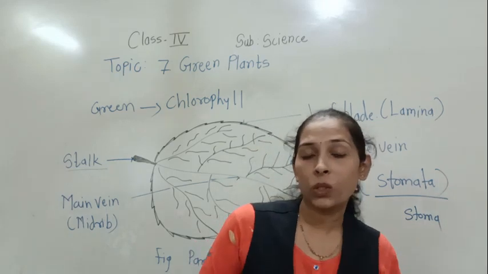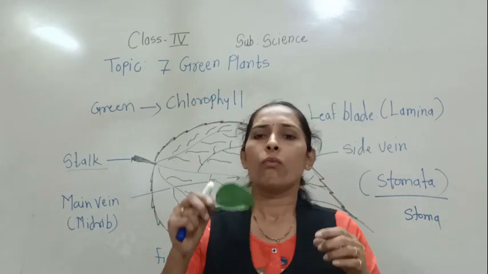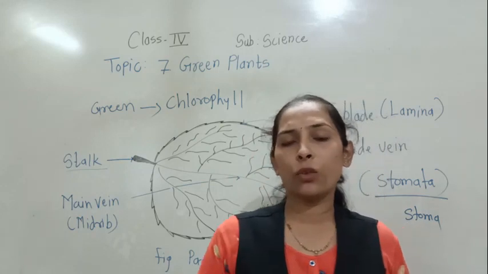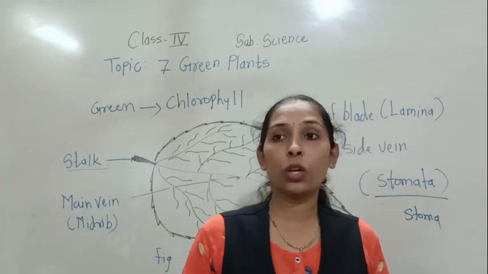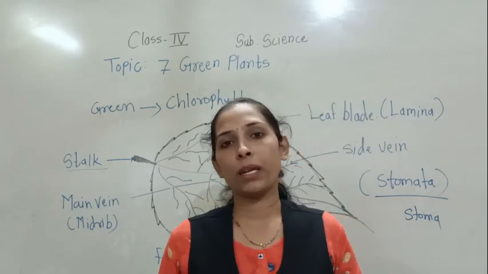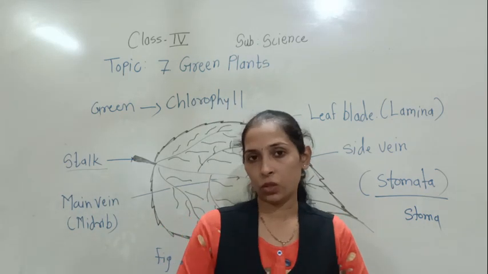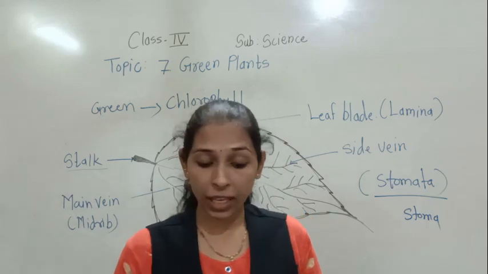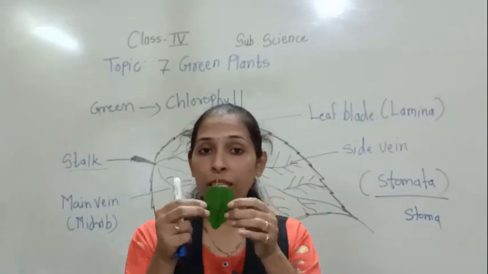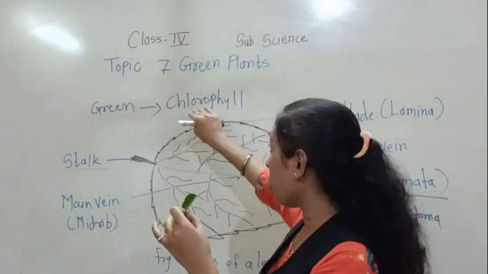Now my dear students, we are going to discuss why only the leaves of the plant make the food. So let's discuss the functions of leaves. The main function of the leaf relates to its color, which is green, because of the chlorophyll.